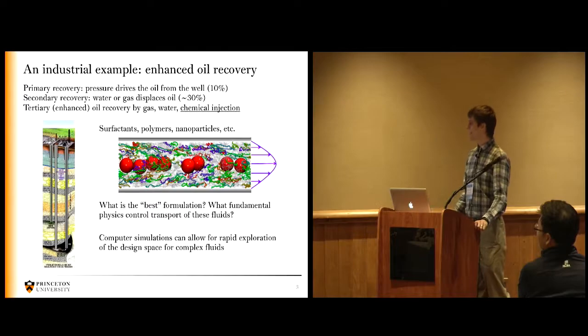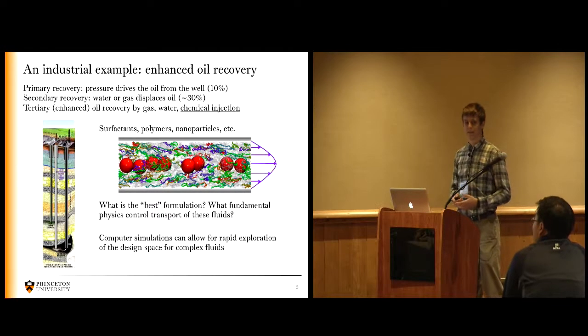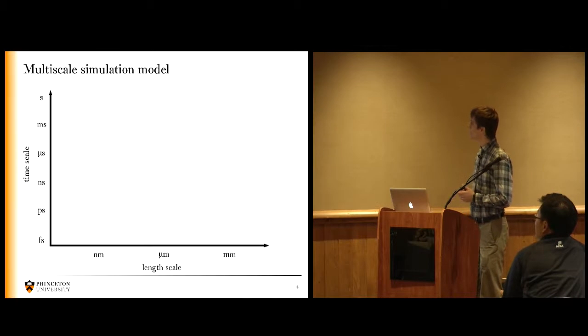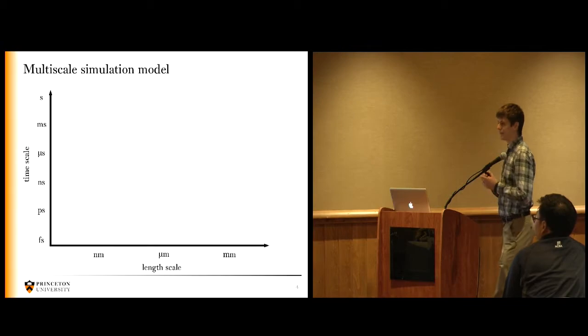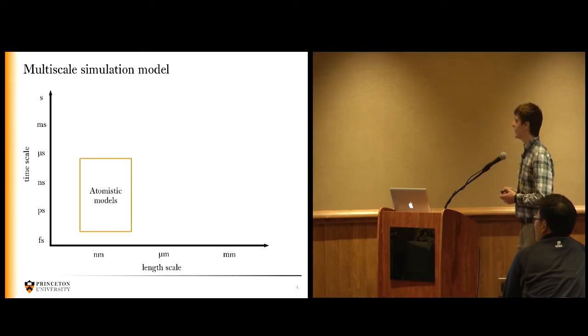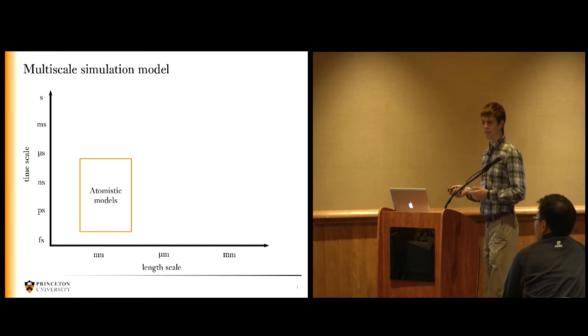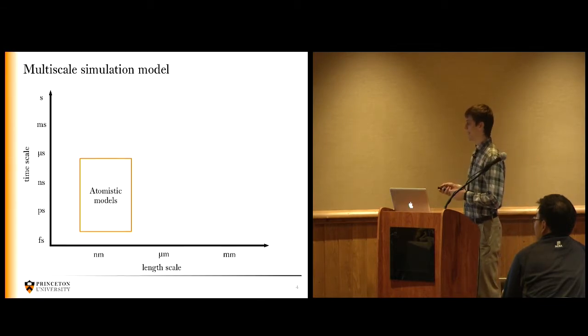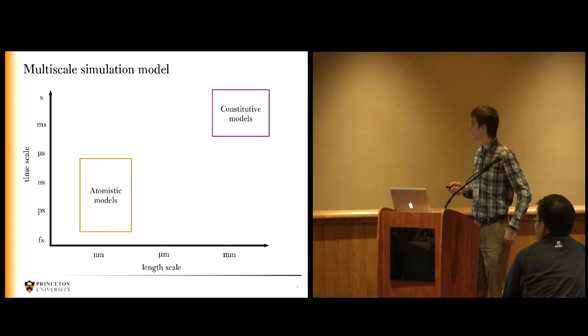Computer simulations are a very effective tool to allow us to rapidly explore this design space. If we wanted to choose the type of simulation, we just heard about molecular dynamics and atomistic models. That occupies a range of very high resolution models done on small length scales and shorter time scales. Unfortunately, that might not span the relevant process time and length scales.